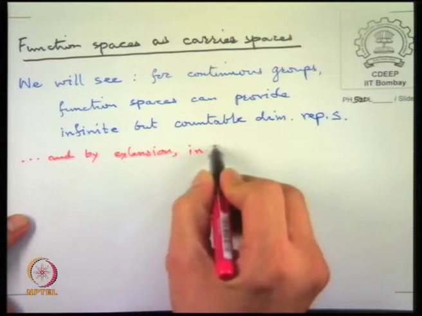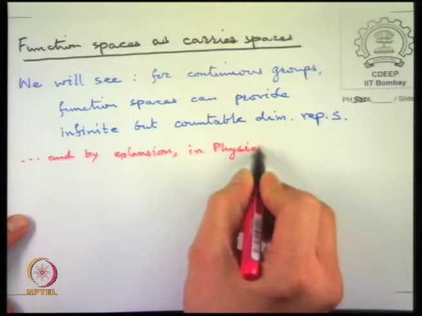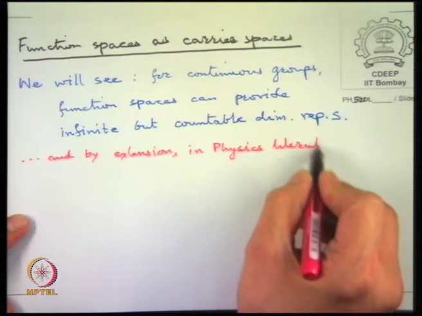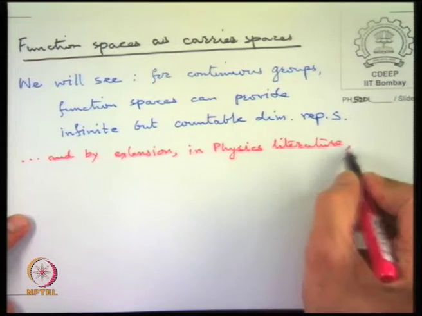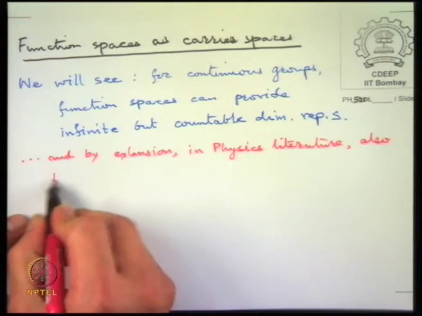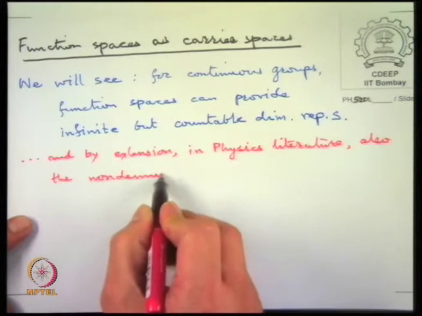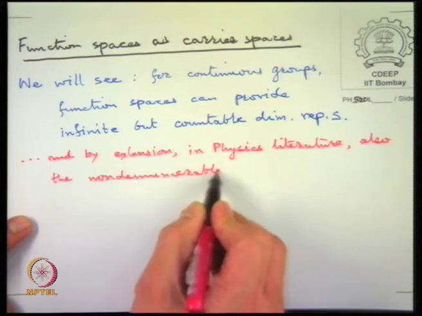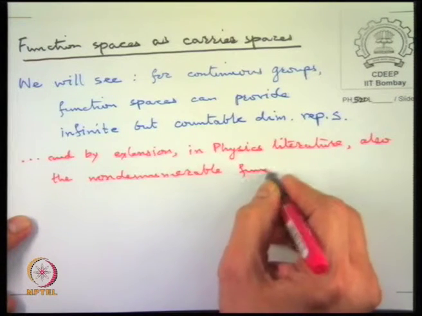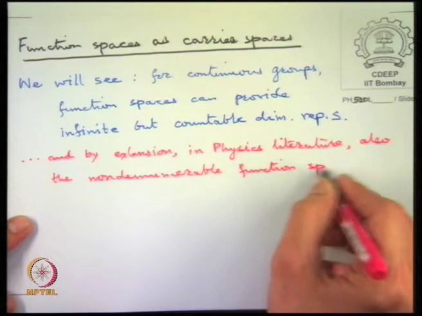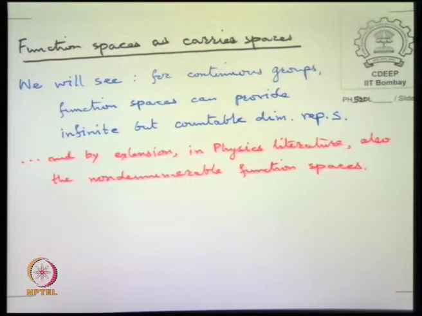In physics literature only, non-denumerable function spaces. So our favorite delta function actually resides in this non-denumerable limit. Okay, we will see that. And so it is called a distribution.